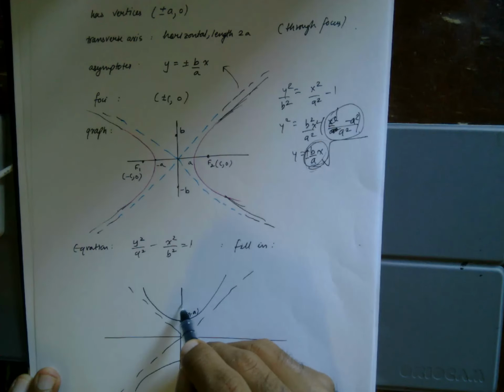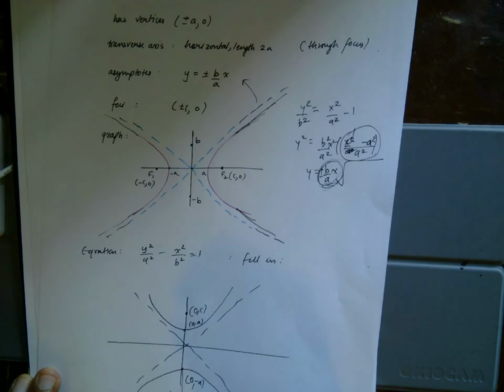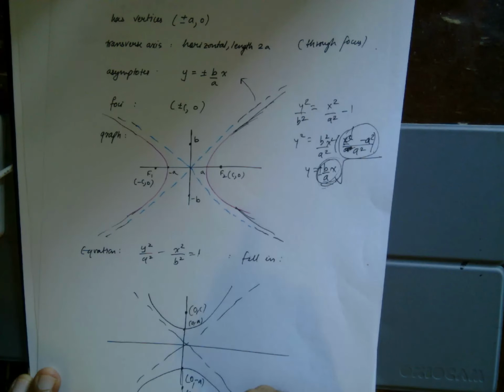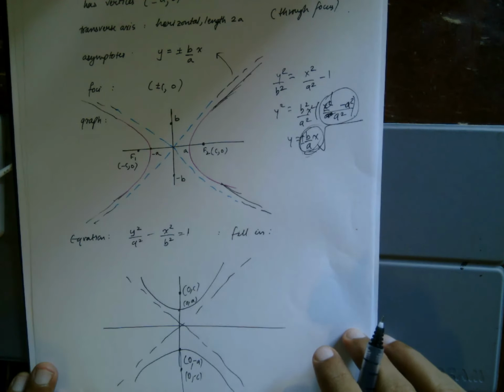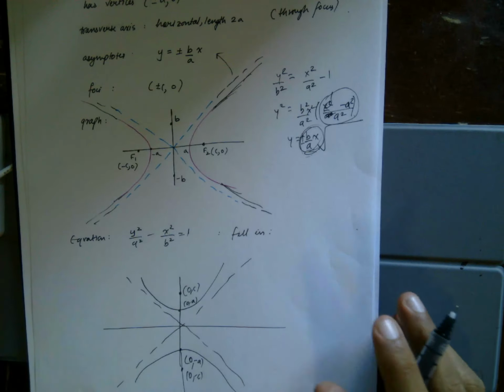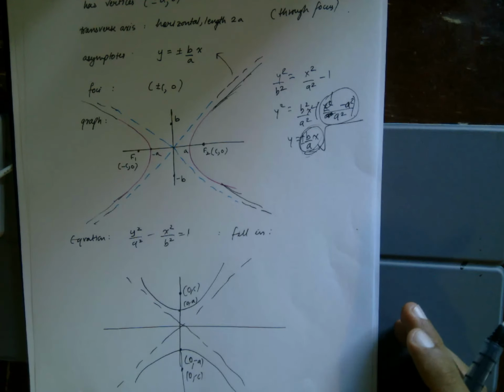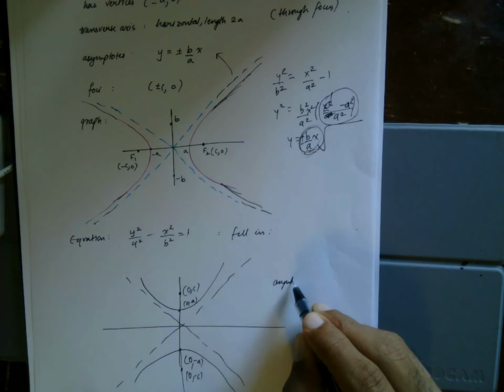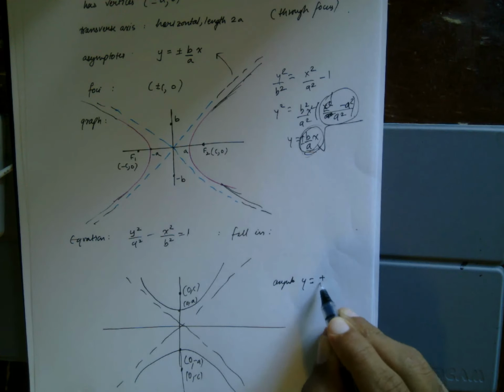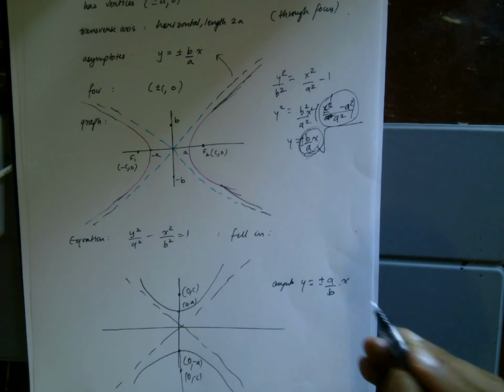And the focus is also on the y-axis now. This is 0, negative c. And the asymptotes switch to being plus minus a over b times x.